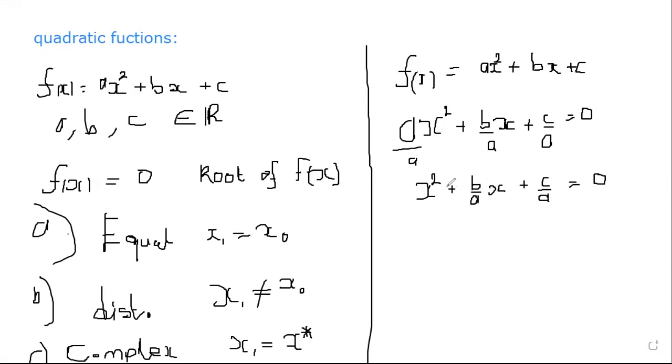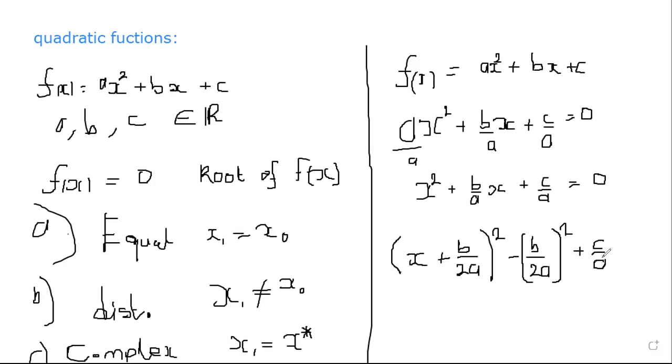Since we want to complete the square, let's divide this b part by 2, so that in the end we have something that looks like x plus b over 2a, squared, minus b over 2a, the whole lot of this also squared, plus c over a is equal to 0. Are we all clear on how we've come up with this?